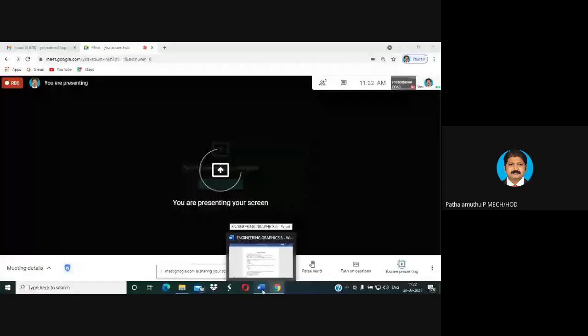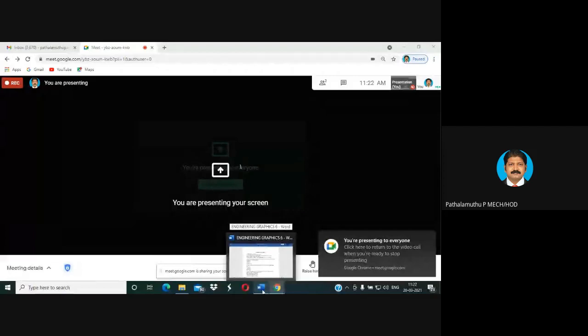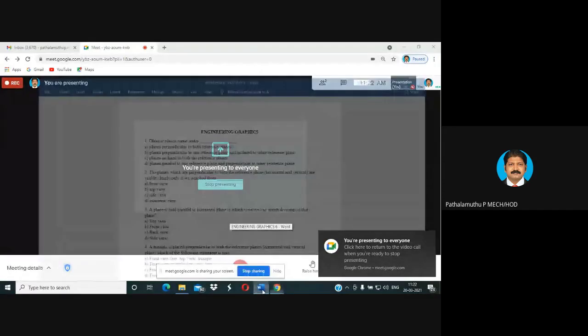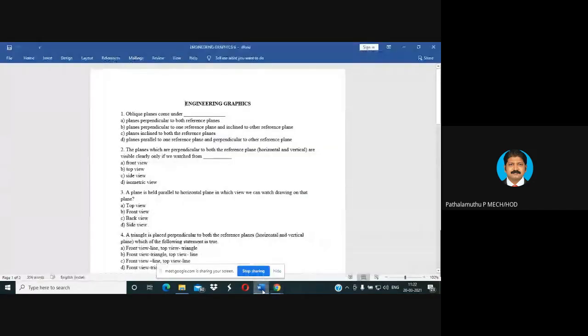Okay, let us move to the questions. First question: oblique planes come under which option? Option A, planes perpendicular to both reference planes.